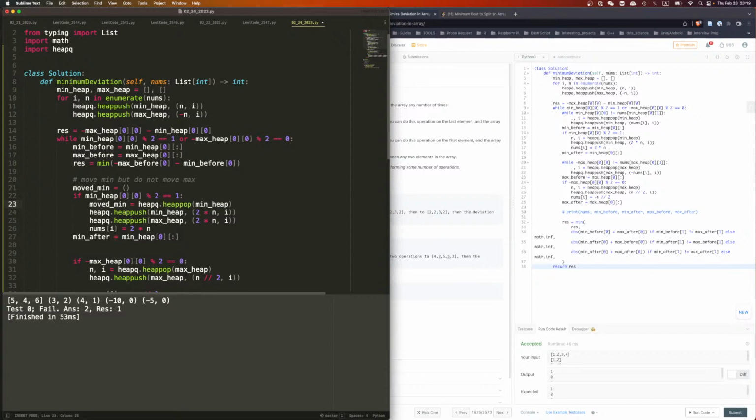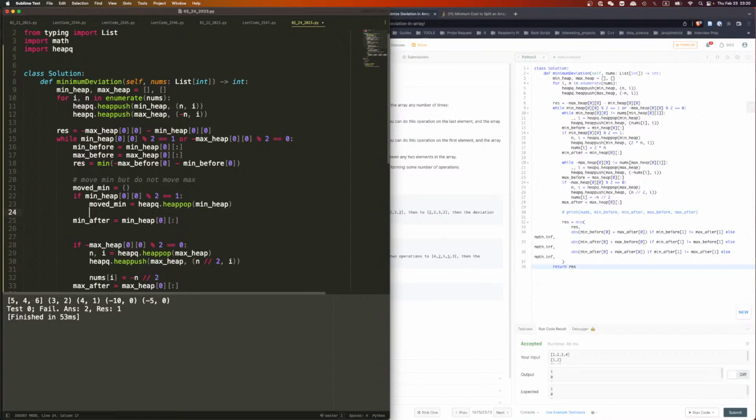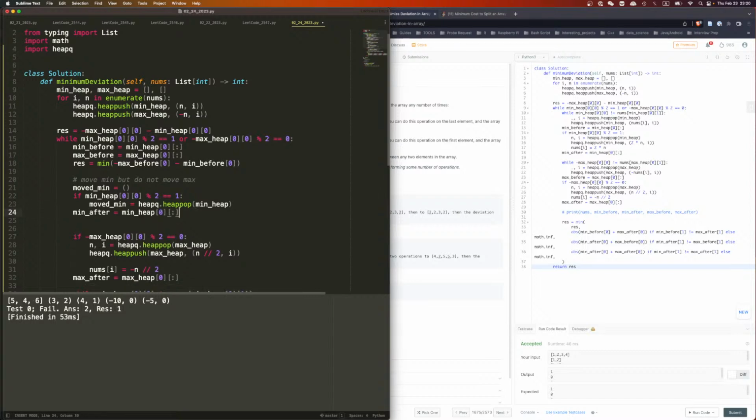Now I say moved min is equal to this, but I don't push it yet. Then min after is equal to this.